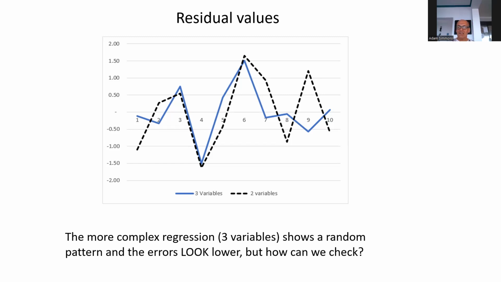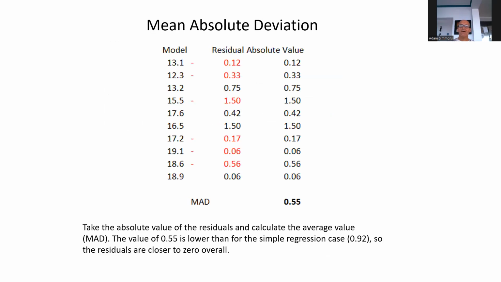So how can we actually check this? Now, again, there are so many ways to do this. So I'm just going to focus on one way of doing it, which is the mean absolute deviation.